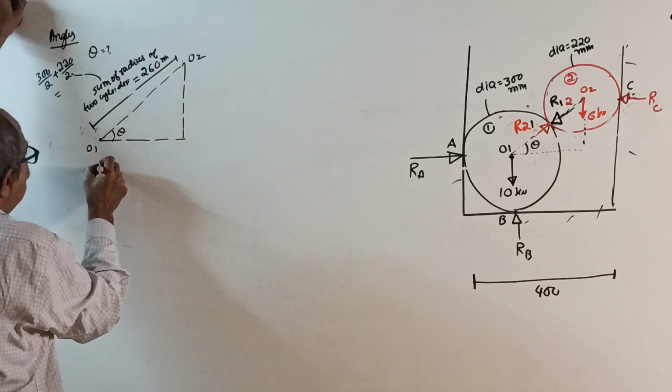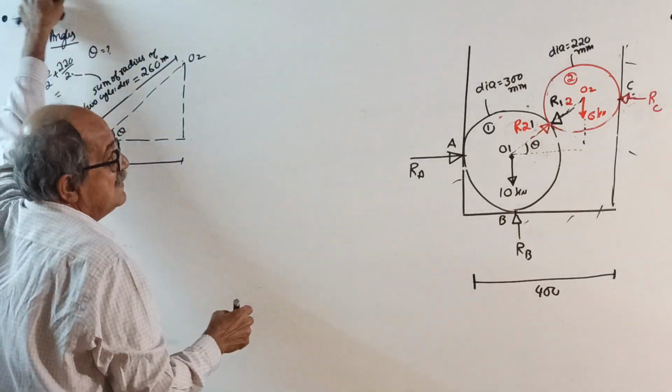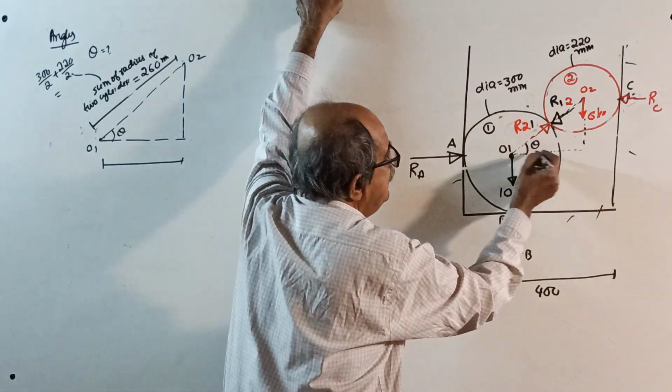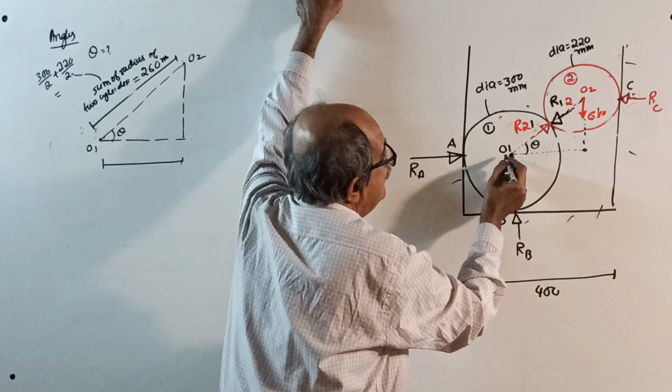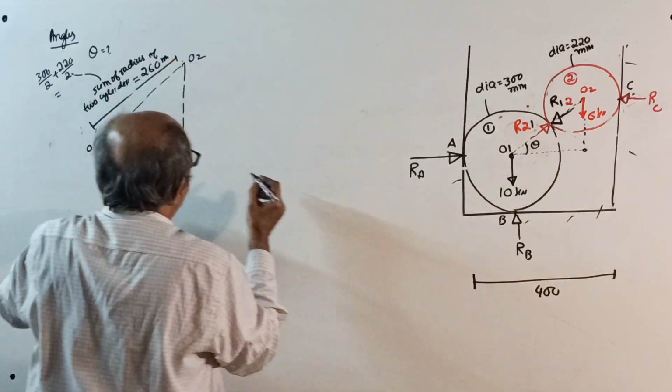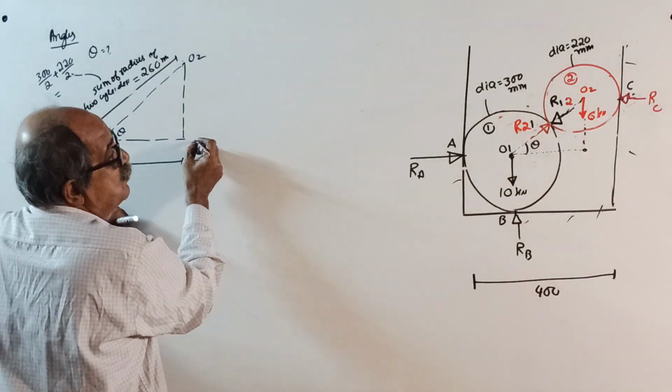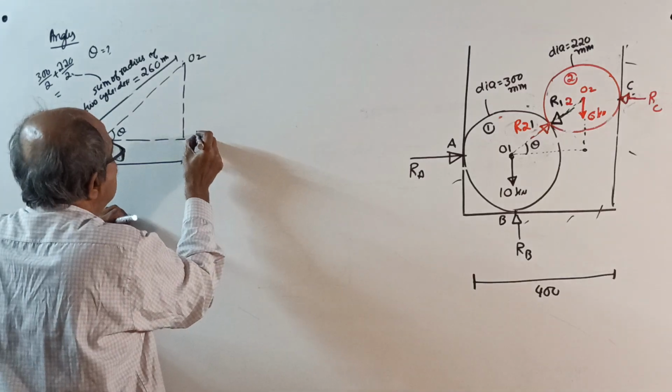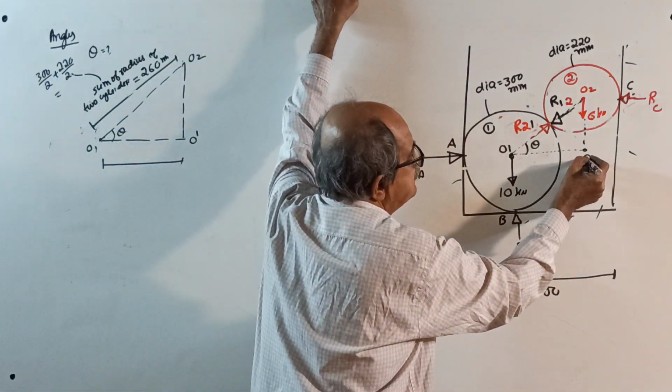Okay, now you know this length. See correctly, that length is from here to here. I will do one thing now. I will call these points O1, O2, and O dash. See, the line O dash.